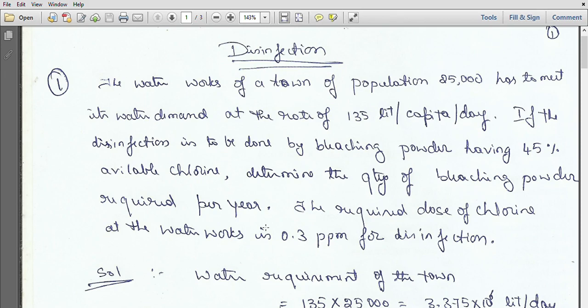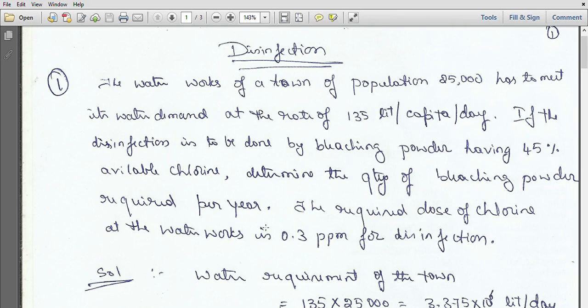If the disinfection is to be done by bleaching powder having 45 percentage of available chlorine, determine the quantity of bleaching powder required per year.